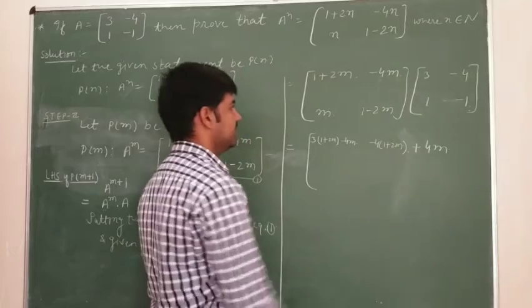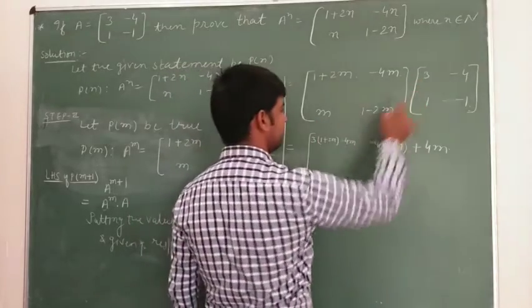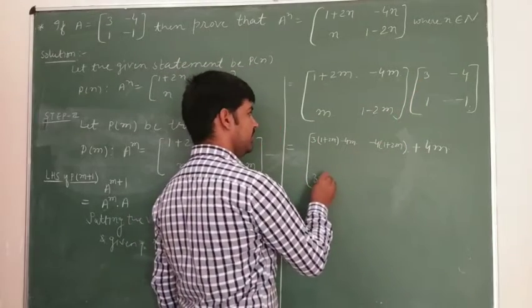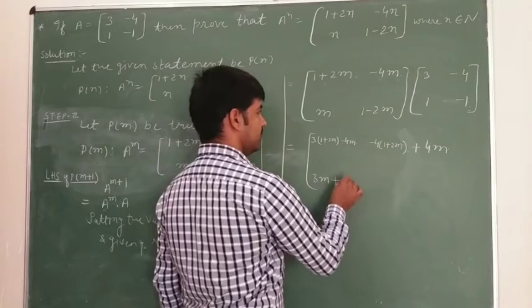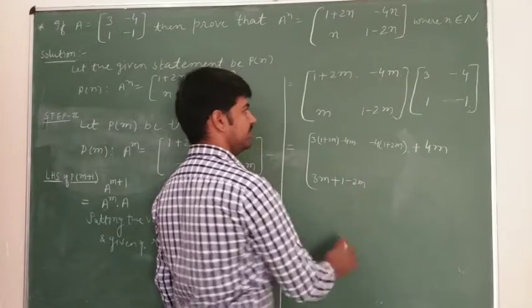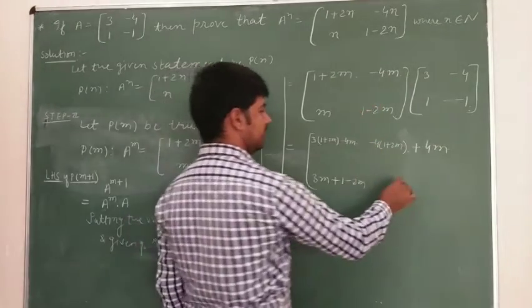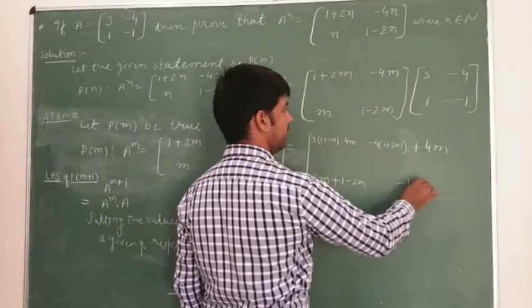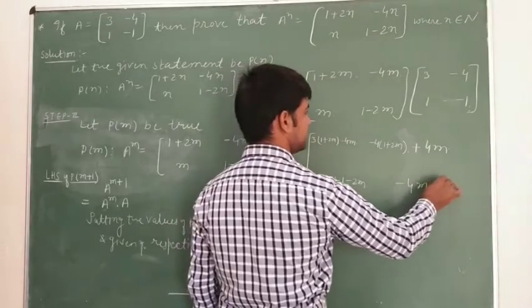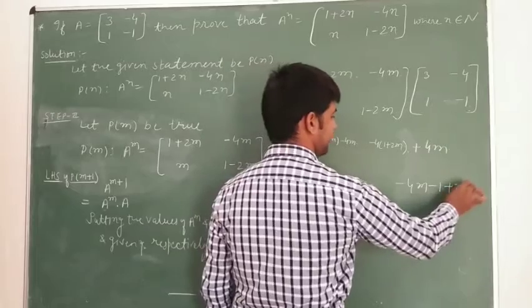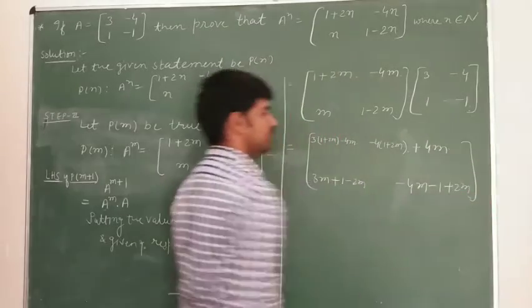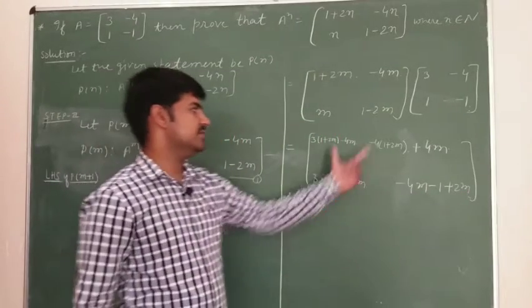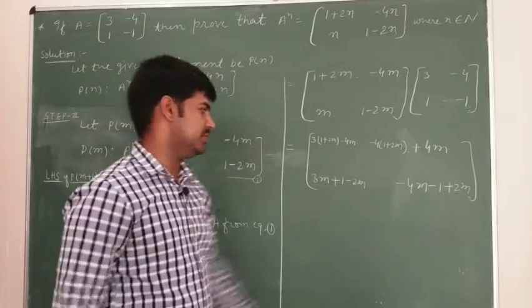Now the second row multiplied by the first column: 3m plus 1 minus 2m, and then minus 4m and minus 1 plus 2m is what we have got after multiplying both of these matrices.